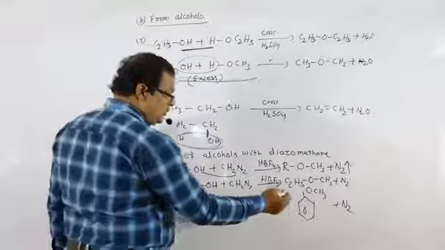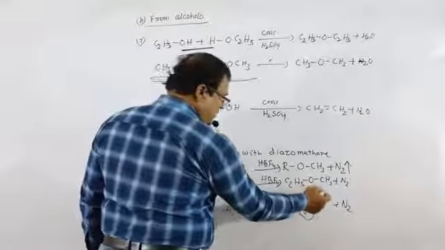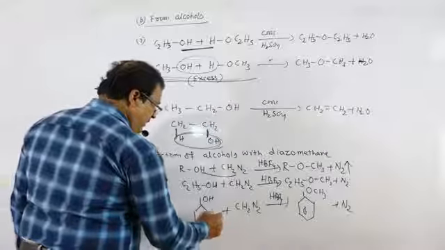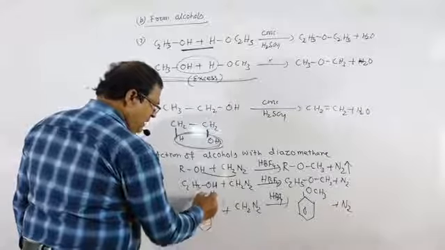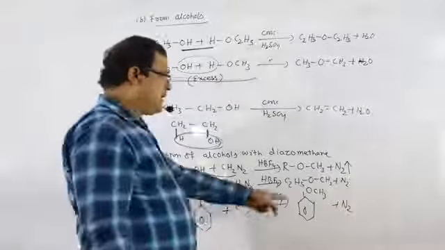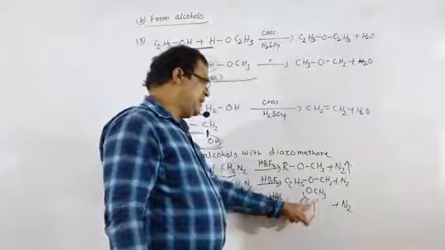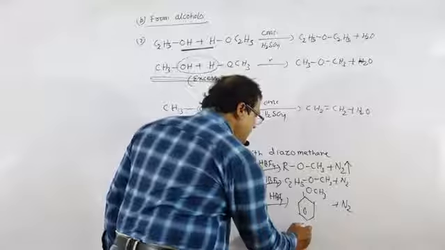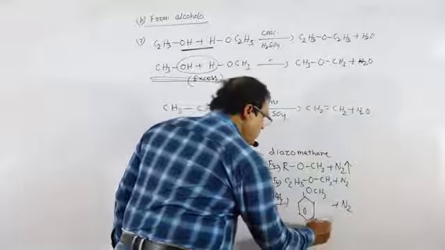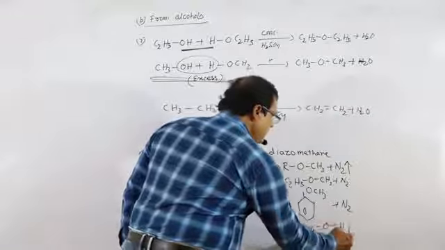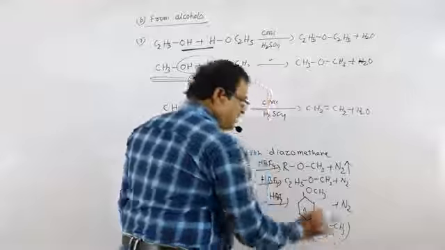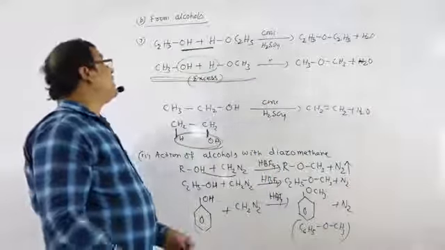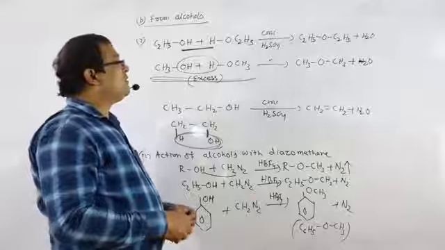Benzene that contains OCH3, that is C6H5OCH3, is anisole. This is an unsymmetrical ether, because one side is benzene.